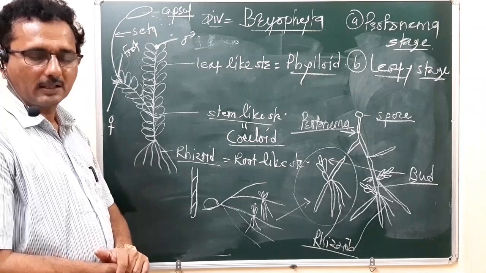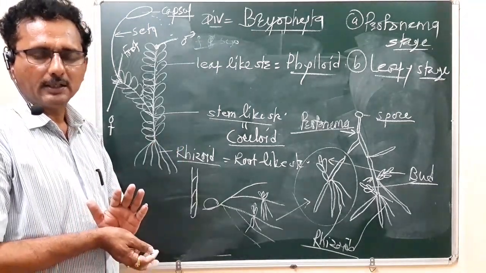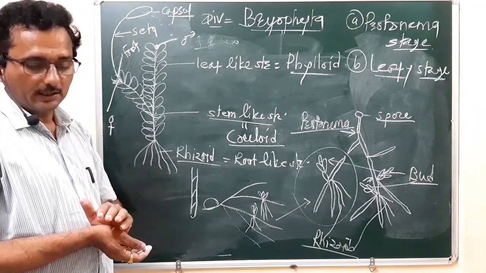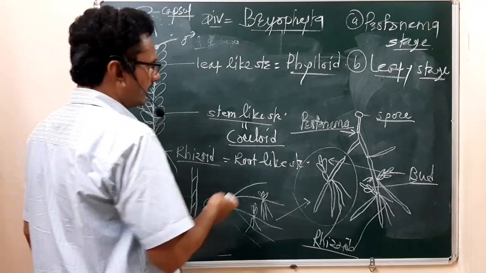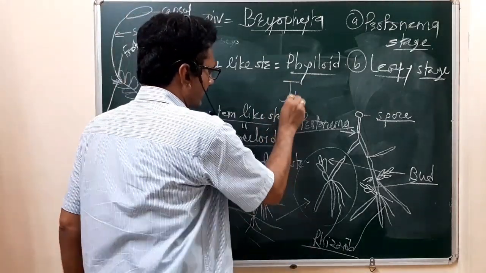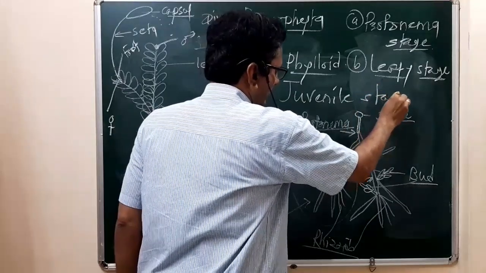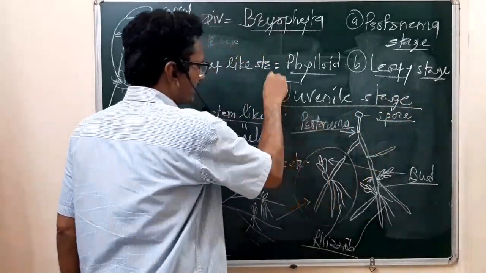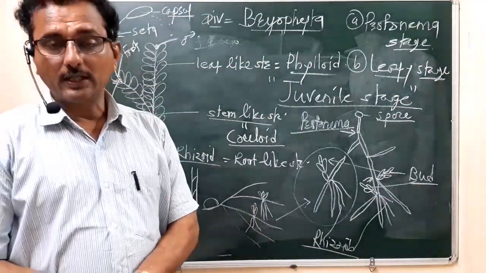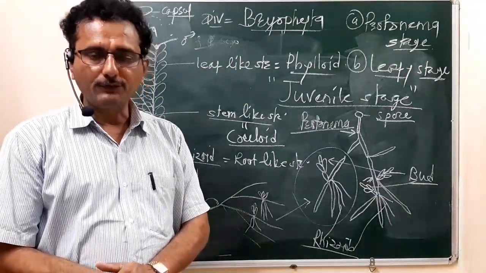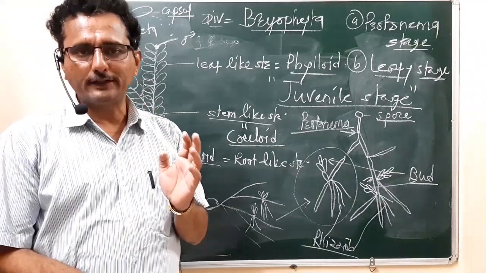So remember, the formation of the protonema is called the juvenile stage of the gametophyte, in the sense the young stage of that gametophyte.